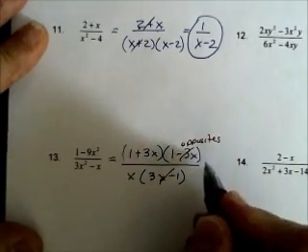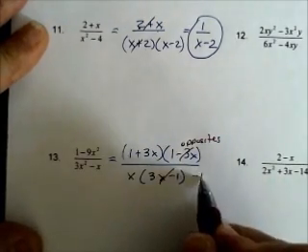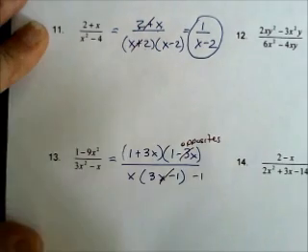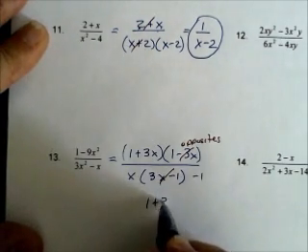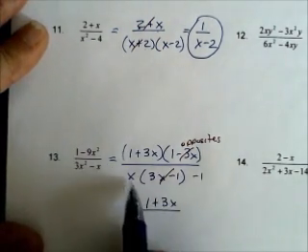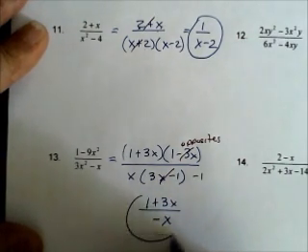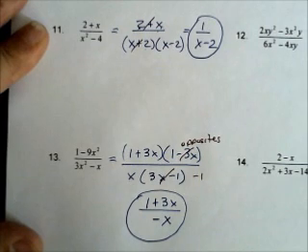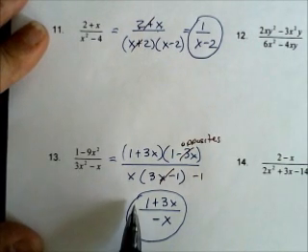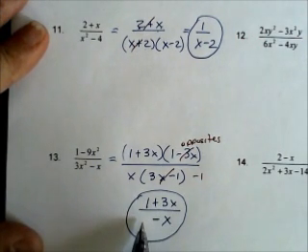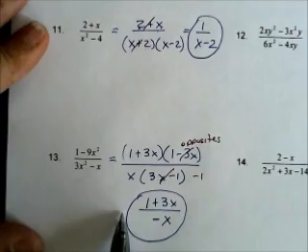They divide out. I'll put the negative 1 in the denominator. So our numerator is 1 plus 3x, and our denominator is now x times negative 1, or negative x. Again, the negative could have been placed up in the numerator. If it is, make sure you have parentheses around the binomial, or you can also place the negative out in front of the fraction.